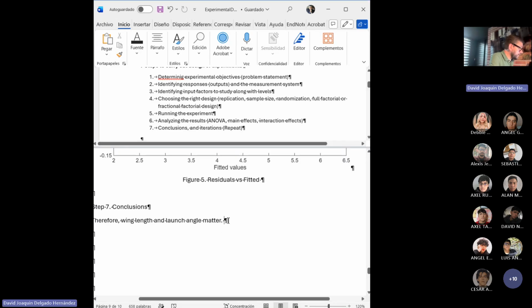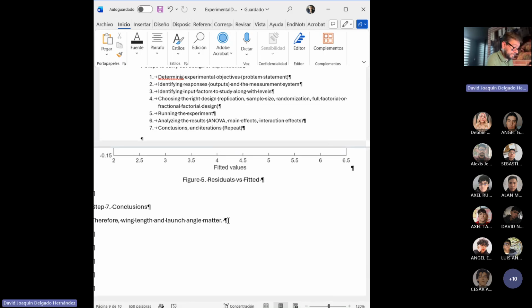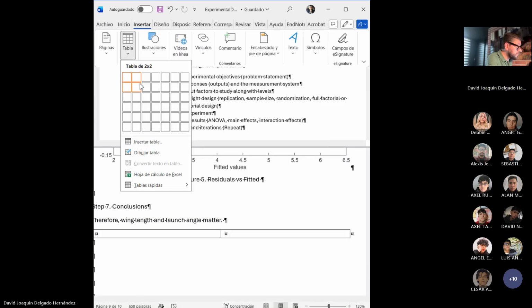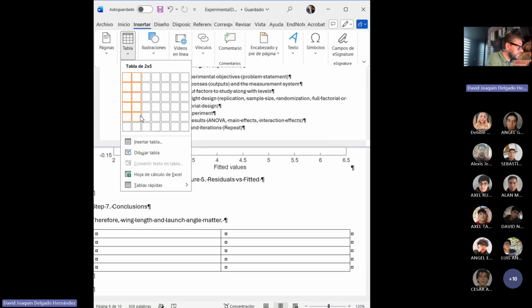So if everything is okay, let us summarize this in this conclusion. I am going to put this in a table. So let me put a table here. Insert table, 5 by 8. Okay.